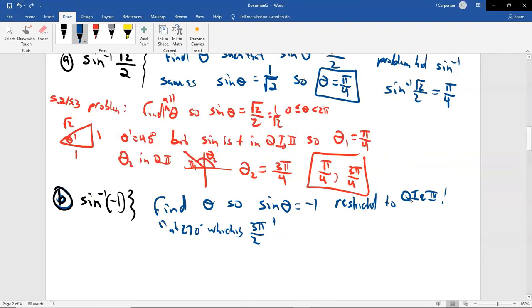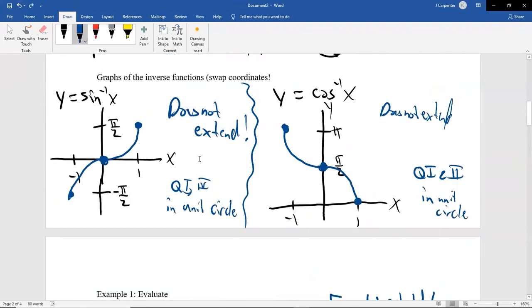And it is wrong. It is coterminal to the actual answer, but because we use this inverse trig notation, the restrictions are very specific. Not only are we restricted to quadrants 1 and 4, the way we label values in quadrant 4 is specific in that we don't go from 3 pi over 2 up to 2 pi. We have to be using things between 0 and -pi over 2. Those are the values we would be saying.